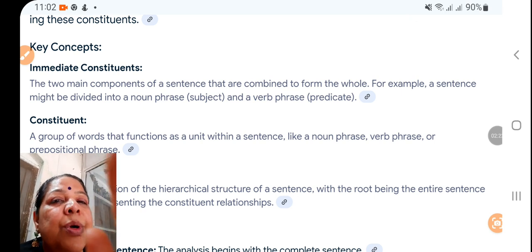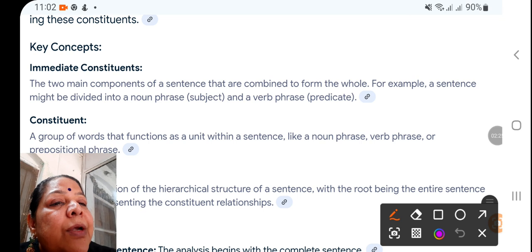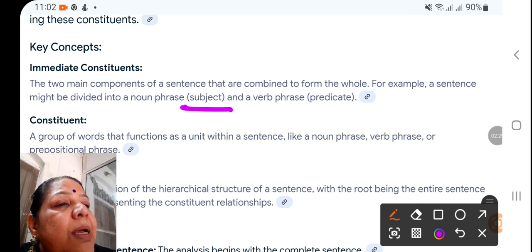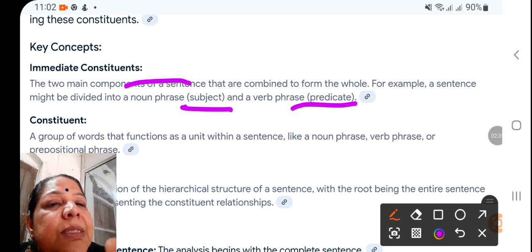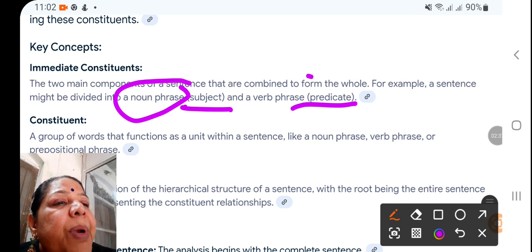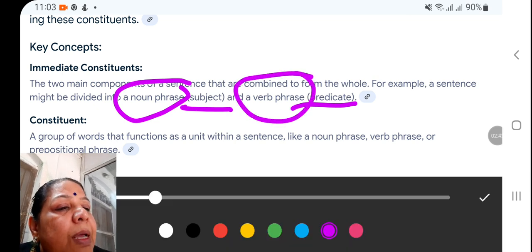Please note down that a sentence can be divided into two parts, subject and predicate, right? Subject is the noun phrase and predicate is the verb phrase. Please note down, right?